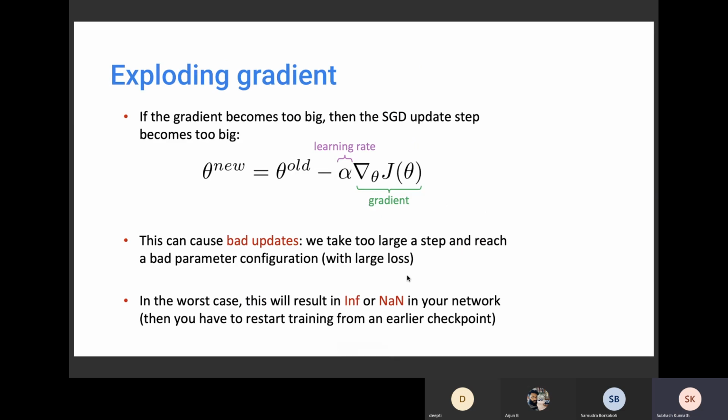In the same way, if one of the gradients is too big, there is a problem called exploding gradient. The overall product becomes very large, and the system won't be able to keep that number within its bit limit.